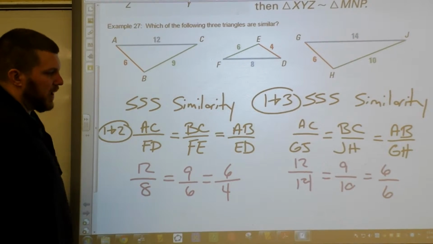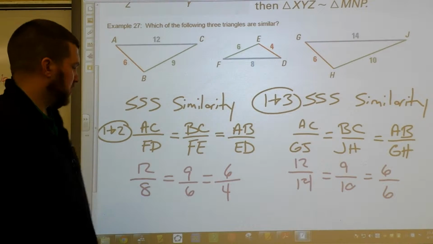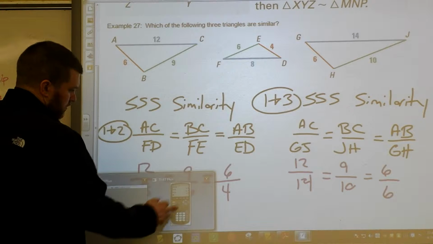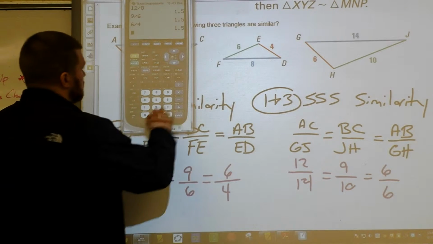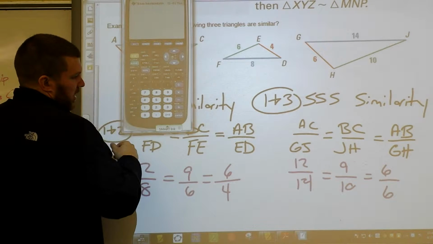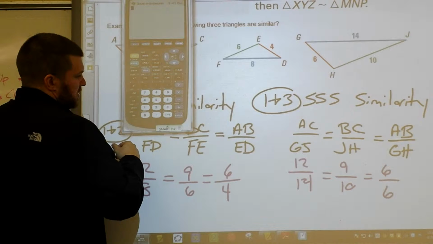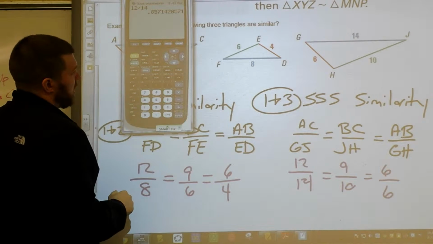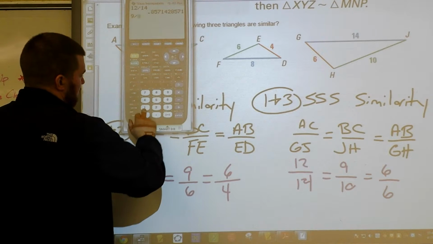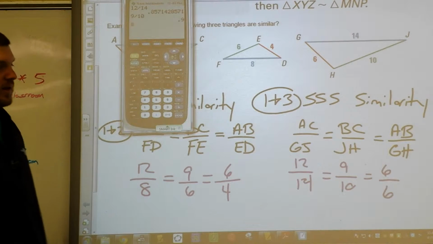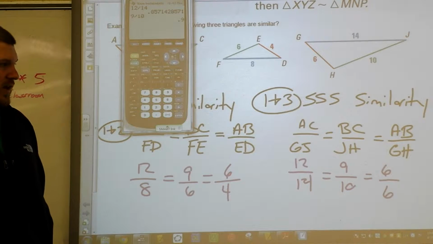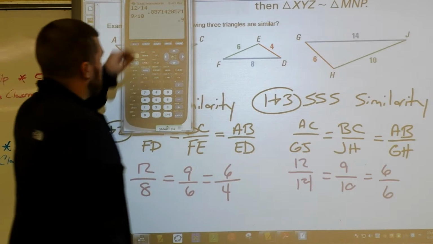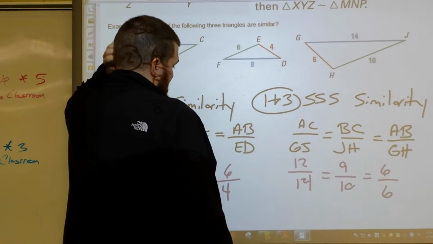If the decimals all match up, then yes, 1 and 3 are similar. 12 over 14 is 0.86, and 9 over 10 is 0.9. Now that's close, but close isn't good enough. It has to be exactly the same. So 1 and 3 are not similar.